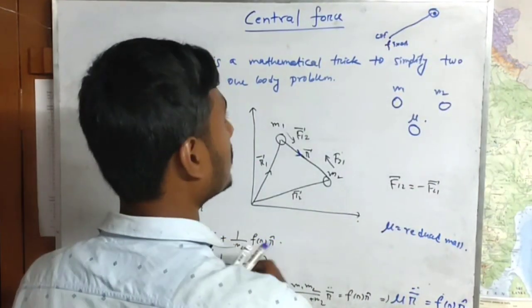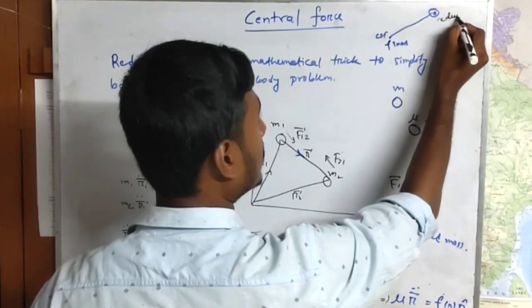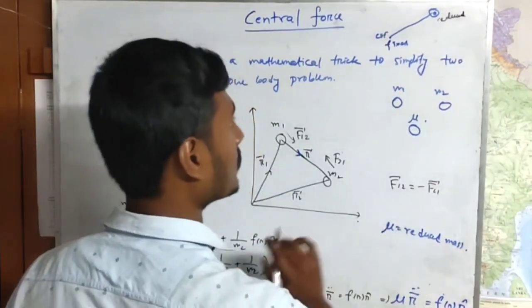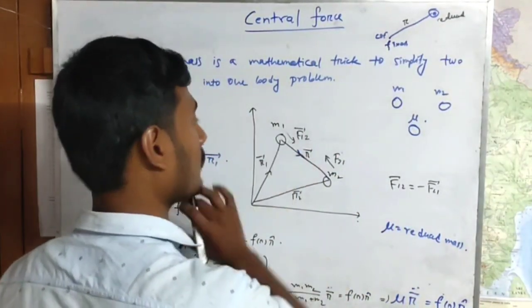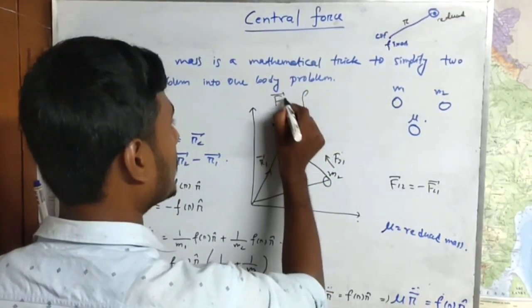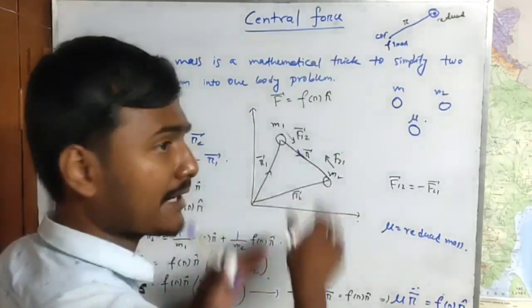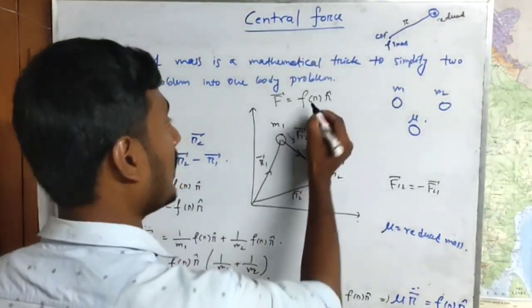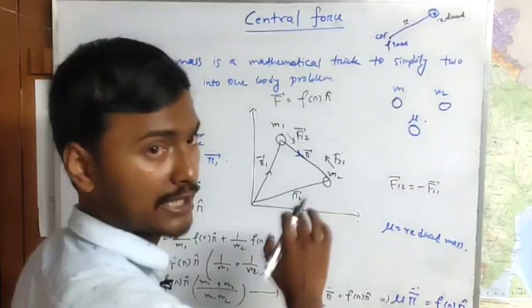So this is the reduced mass, that is m1 m2/(m1 + m2). So this distance is considered in the case of central force. So the central force F is a function of r, with r cap being the radially inward or outward direction, and here r is the distance between the center of force and the reduced mass.